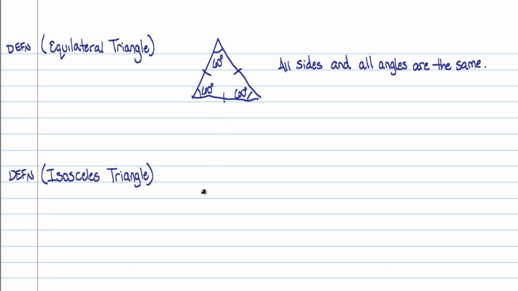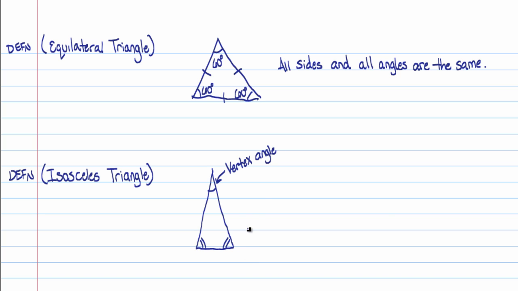Isosceles triangles are slightly different. So let me go ahead and draw an exaggerated example of an isosceles. An isosceles triangle has what's called a vertex angle, and then two angles that are exactly the same. By the way, that's a vertex angle.